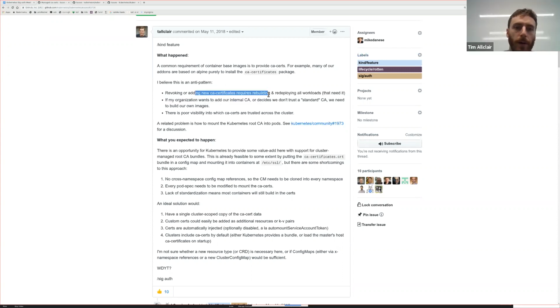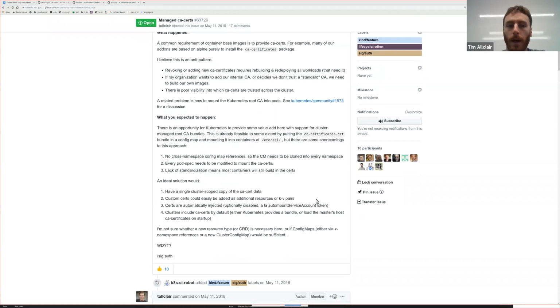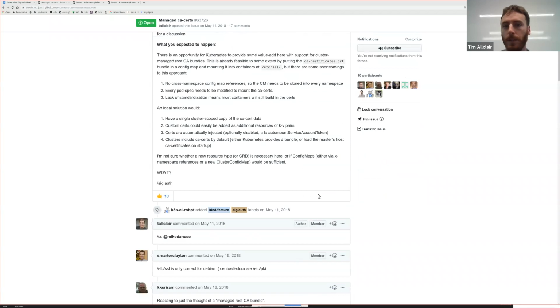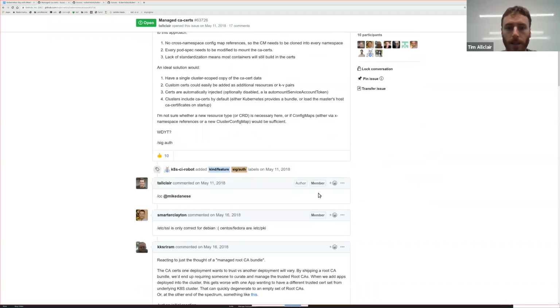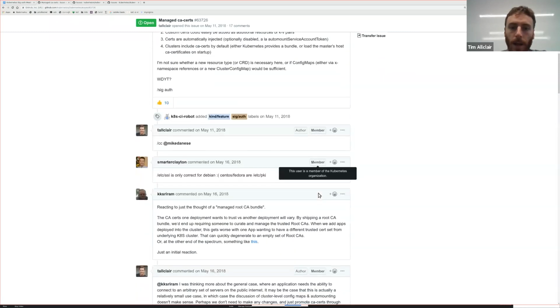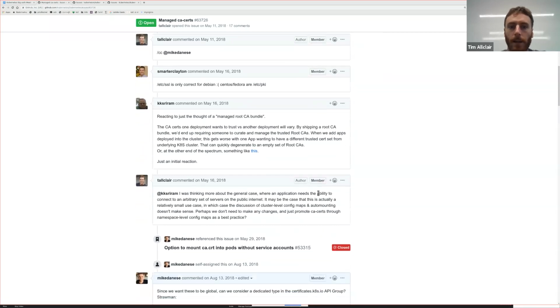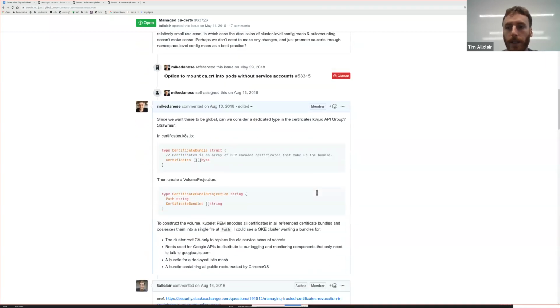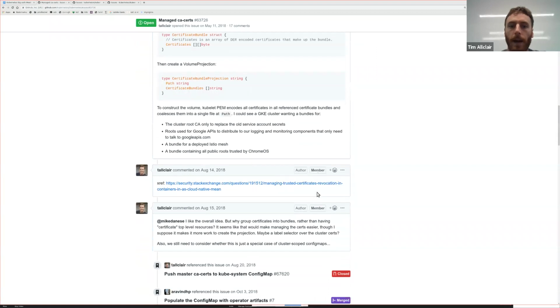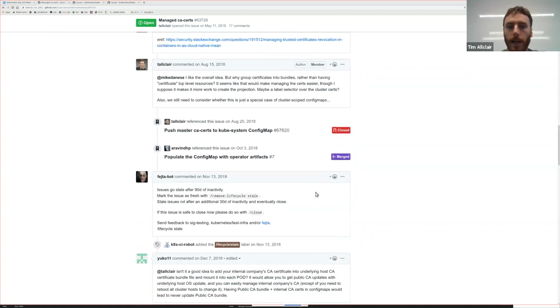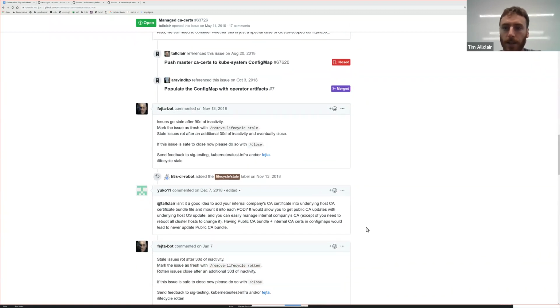This is partly motivated because building the CA certs into the Docker images seems like an anti-pattern. Especially if you have different base images running in your cluster, you end up with potentially different sets of trusted CA certs. So the idea is to manage that centrally and have a consistent set of CA certs across all pods in the cluster.